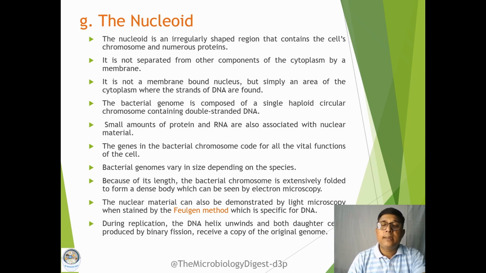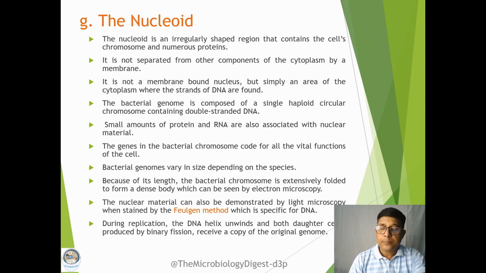Now the next component is the nucleoid. As we have already discussed, this is present in the cytoplasm. It is an irregularly separate region containing the chromosome and numerous proteins.